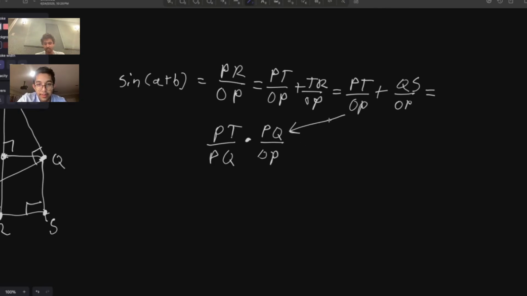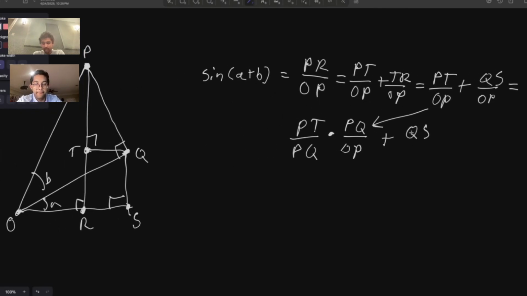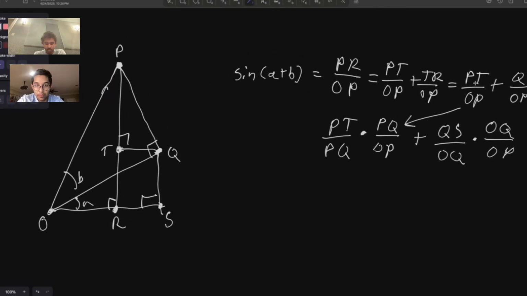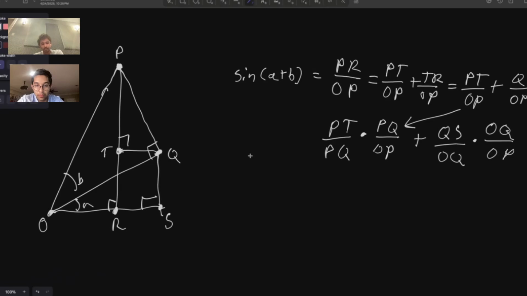Yeah, exactly, which is that. We can do this exact same trick for QS over OP, rewriting it as QS over OQ times OQ over OP.